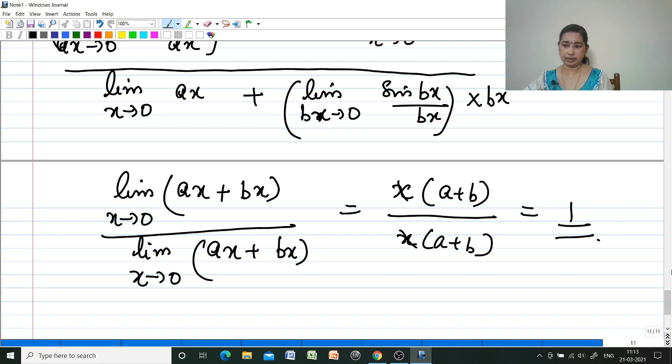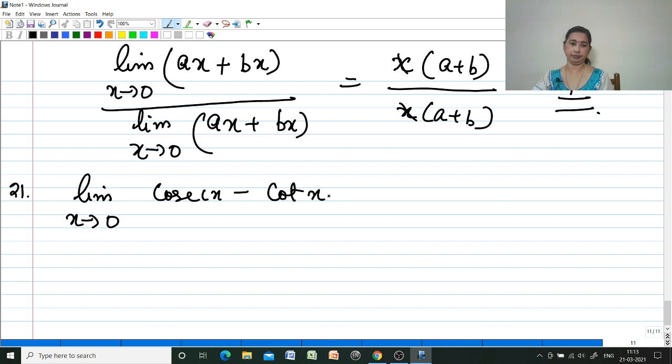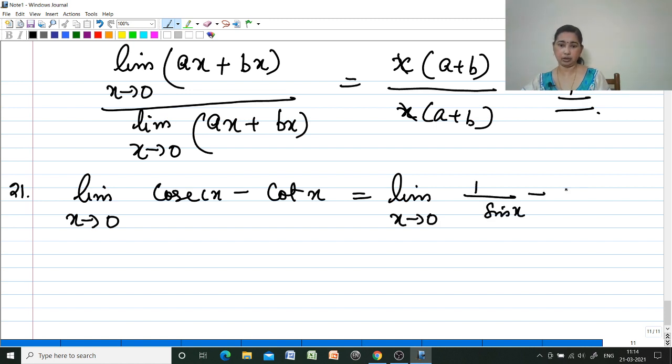Now next one, question number 21. Limit x tends to 0 cosec x minus cot x. That's equal to limit x tends to 0 1 by sin x minus cot x, which can be written as cos x by sin x.